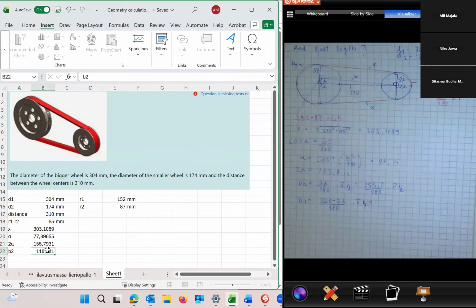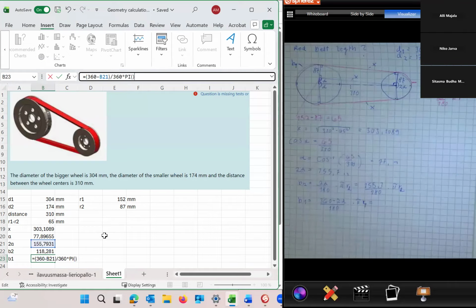Okay, and then the B1 would be the 360 minus 2 alpha, divided by 360 times B, times R1.